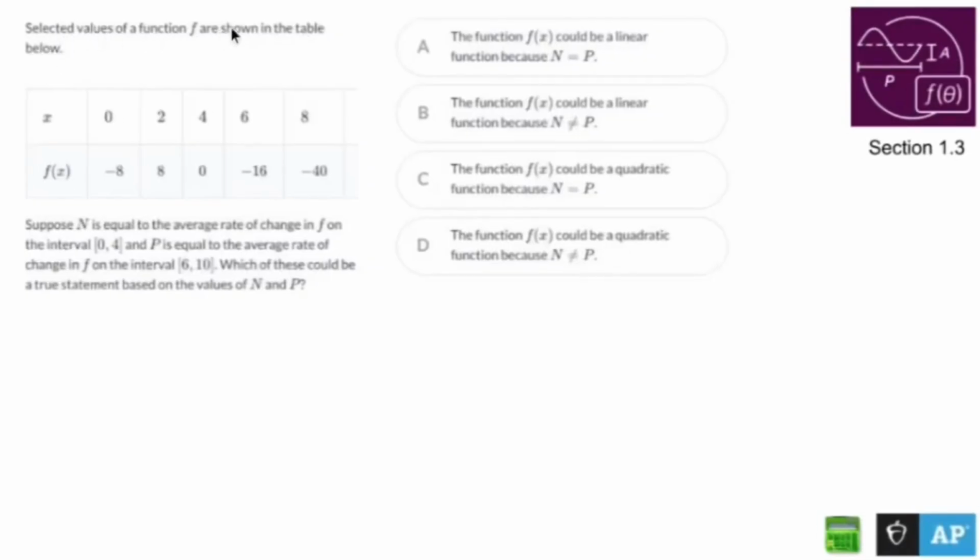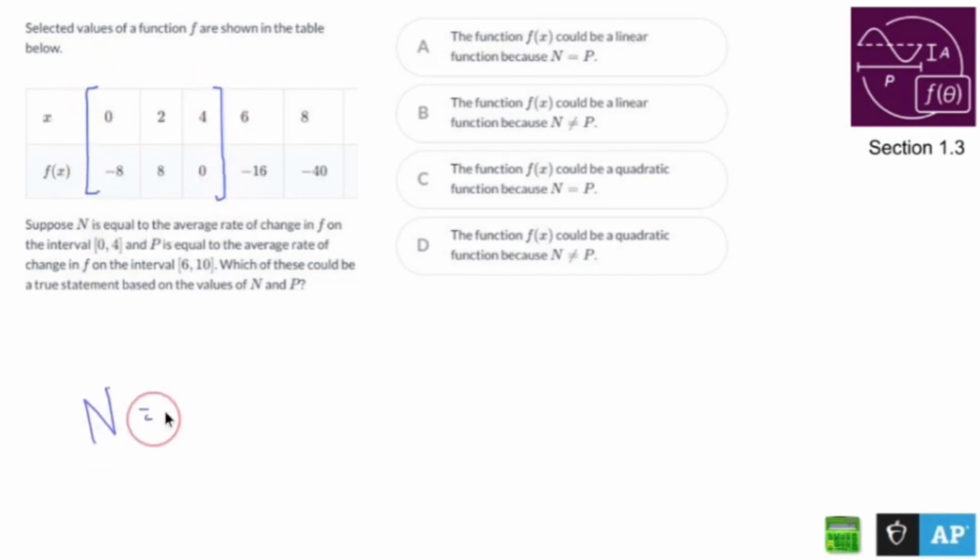Selected values of a function f are shown in the table below. Okay, hello table. Suppose n is equal to the average rate of change in f on the interval 0, 4. So let's quick do that. N is equal to the average rate of change.